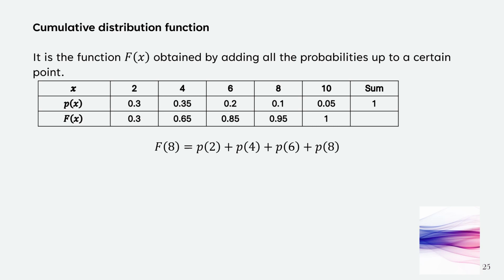So 0.3, and then you add 0.35 and you get 0.65, and you just keep going along. And of course it should sum to 1, otherwise it wouldn't be a PDF. So if we wanted to find capital F of 8, so the cumulative up to 8, that would be the probability of 2 plus 4 plus 6 plus 8, or the cumulative up to that. So it'd be 0.95.